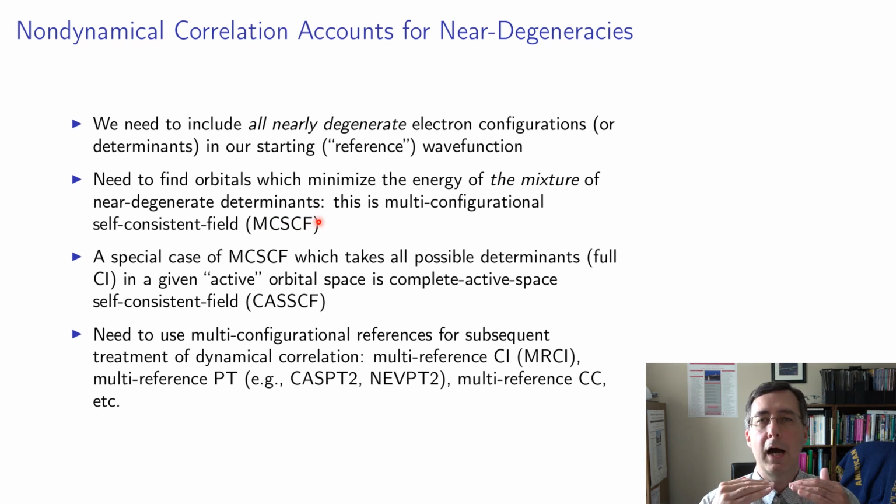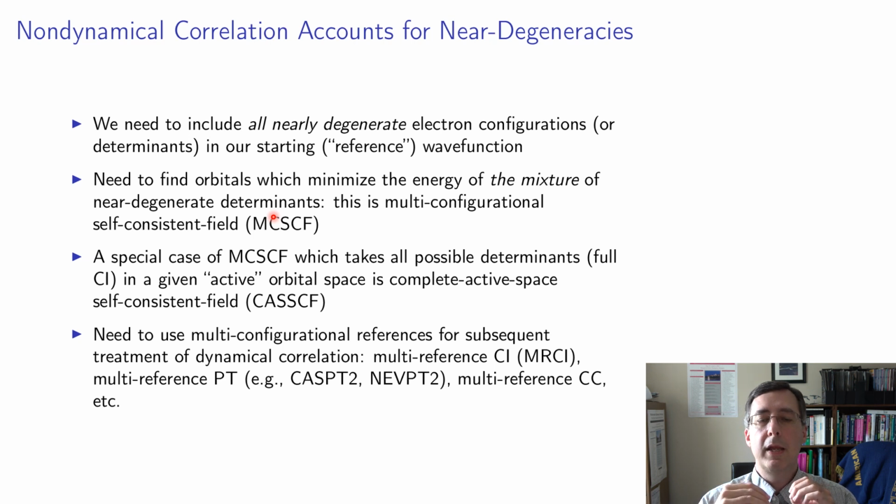You find the optimal weights of the determinants using a configuration interaction type approach, and simultaneously you find the best set of orbitals for that combo of determinants instead of for a single determinant. Now, in general, people don't do MCSCF calculations because it's too tedious to pick out the most important 8 or 10 or 50 determinants by hand.